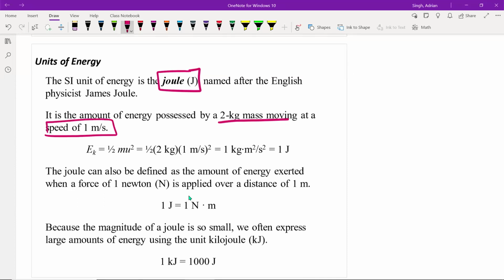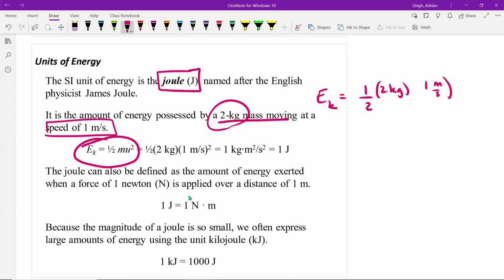If we plug these values into our kinetic energy equation, the kinetic energy of that mass would be 1/2 the mass, which is 2 kilograms, times the velocity squared, so 1 meter per second, and this entire thing would be squared.